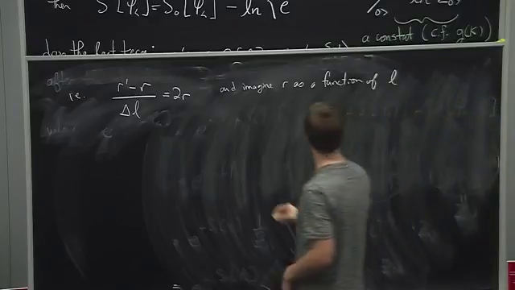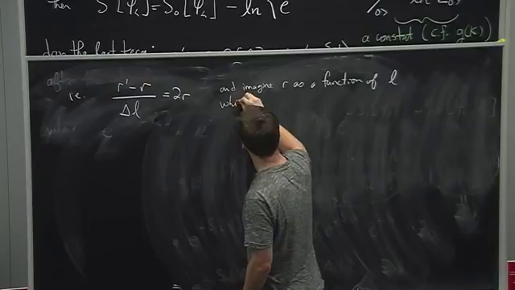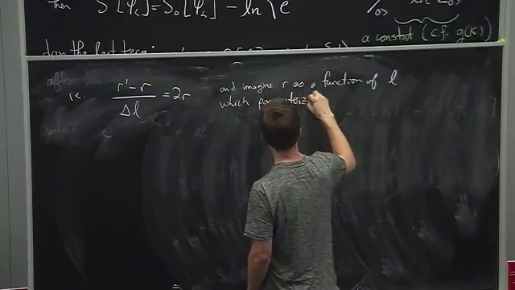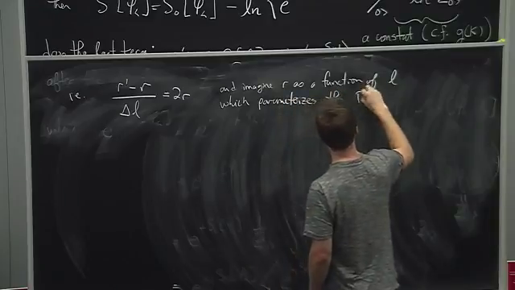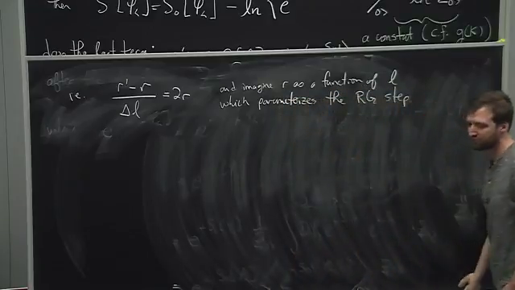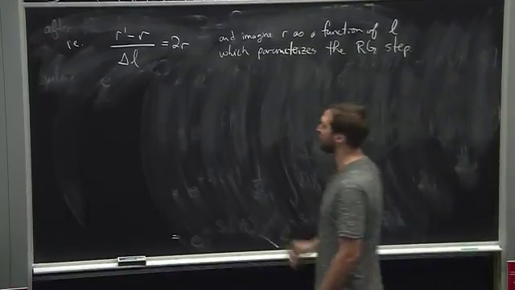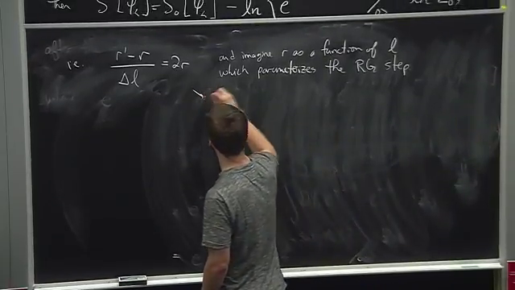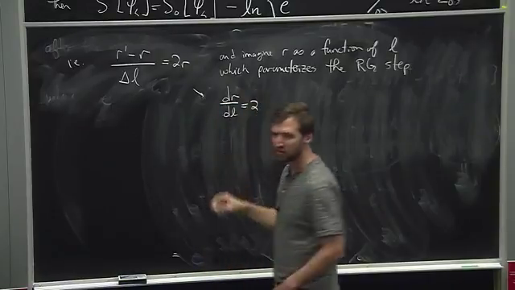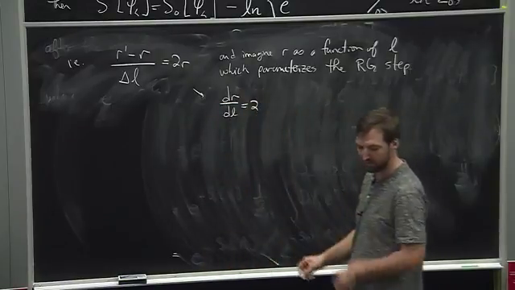L parameterizes the RG step. So that equation's the same as writing 2r.